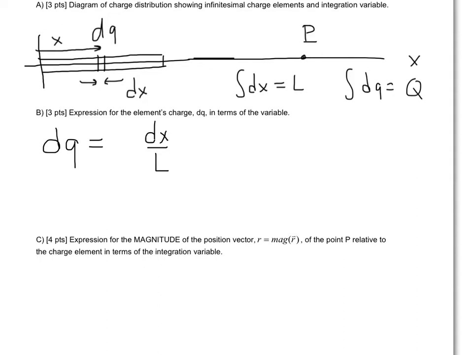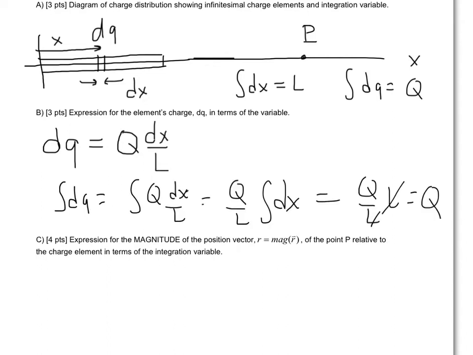Since the charge q is uniformly distributed, that will have the same fraction of the total charge on it. This can easily be checked if it's consistent with these two equations right here by taking the integral. We integrate dq, we should get integral of dq dx.